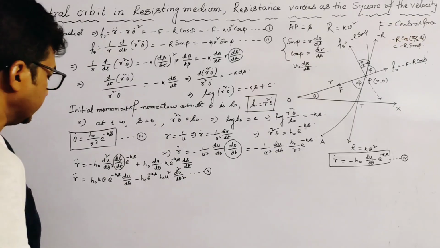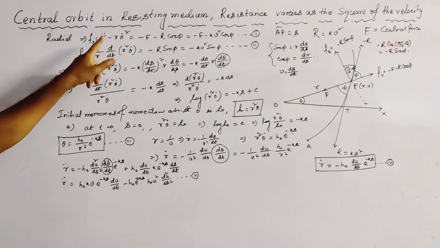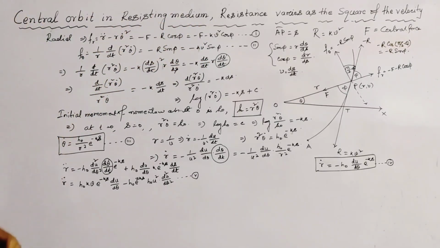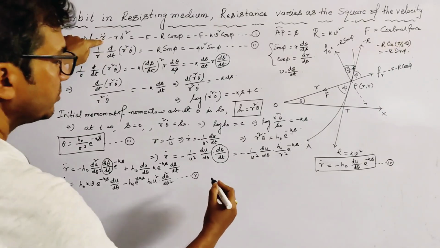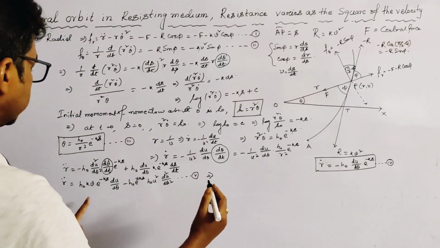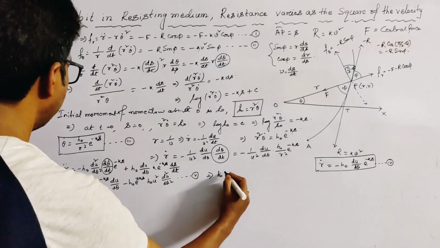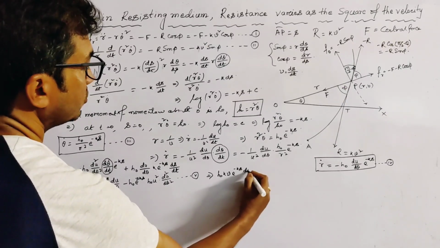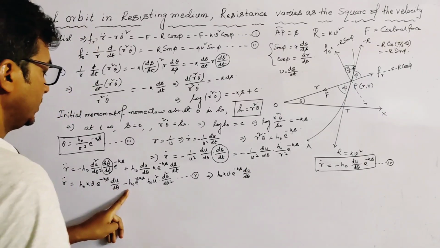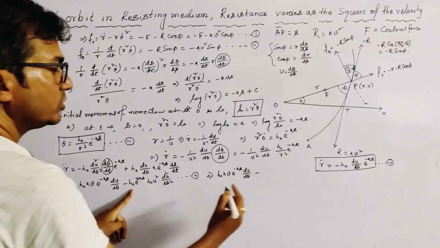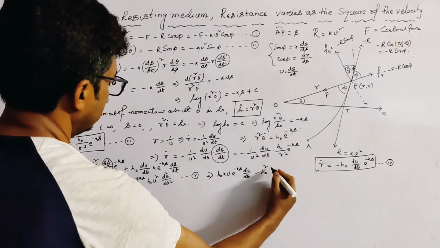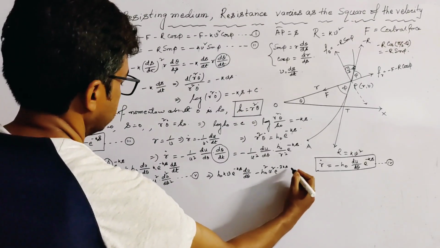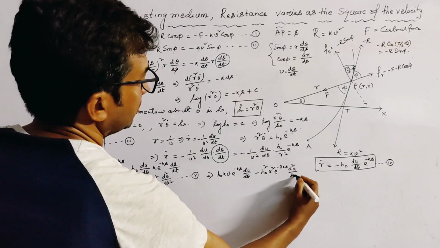Now we put r double dot and theta dot in equation number 1, that is the radial equation of motion. We get here r double dot, we first write this relation: h0 k v into e to the power minus ks into du d theta minus h0 square into u square into e to the power minus 2ks into d2u by d theta 2.